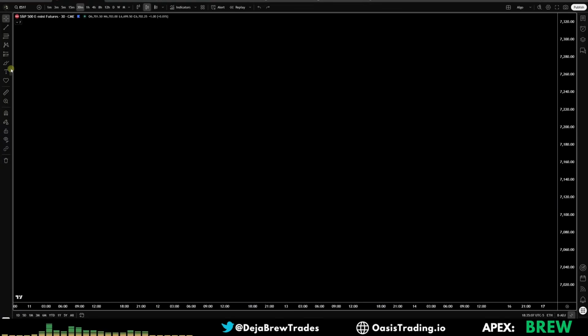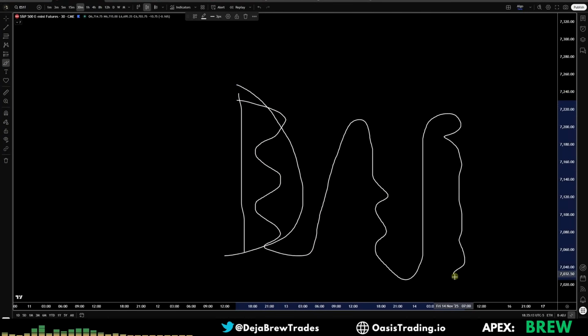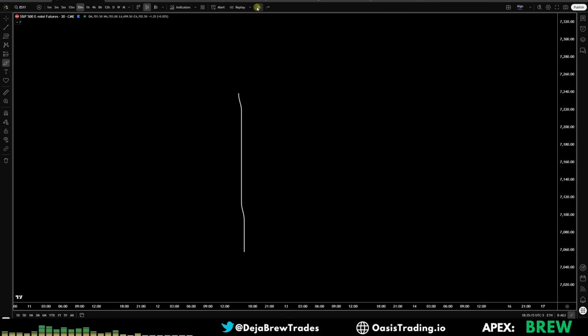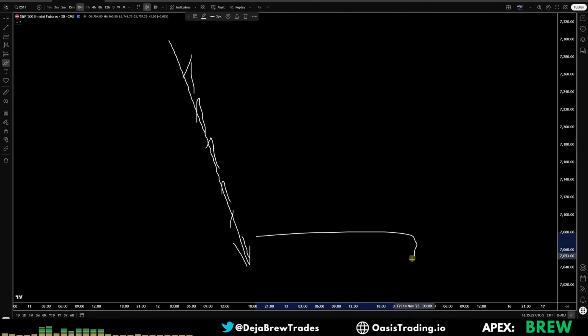Like I said, always think about that rotation pattern where we're rotating back and forth, back and forth, back and forth. But then it's not, right? So in this case, we were pushing to lower prices. They were trying to go up, fail. Try to go up, fail. Try to go up, fail. But then we no longer saw those lower prices anymore.